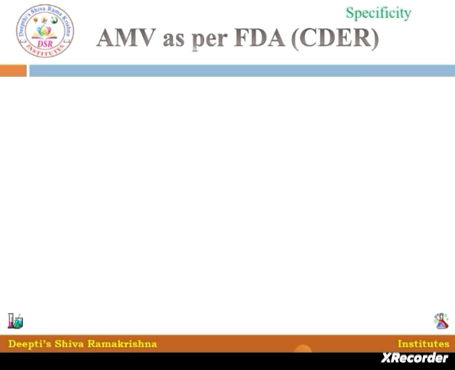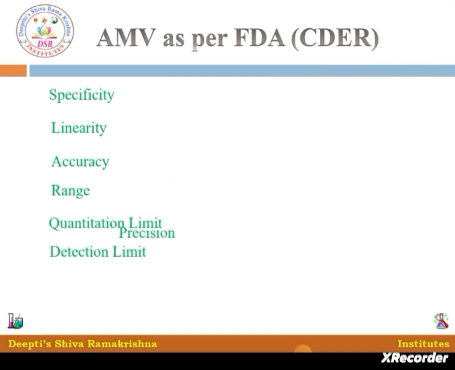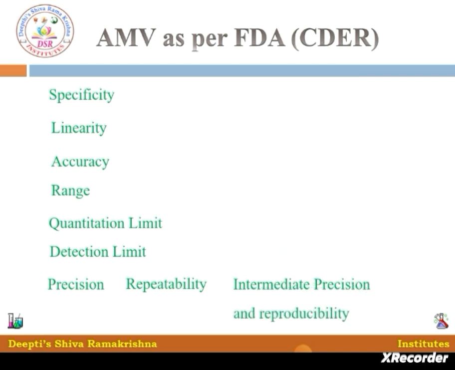AMV as per FDA gives the parameters specificity, linearity, accuracy, range, quantitation limit and detection limit, precision, repeatability, intermediate precision and reproducibility. These are the parameters given in the FDA guideline.